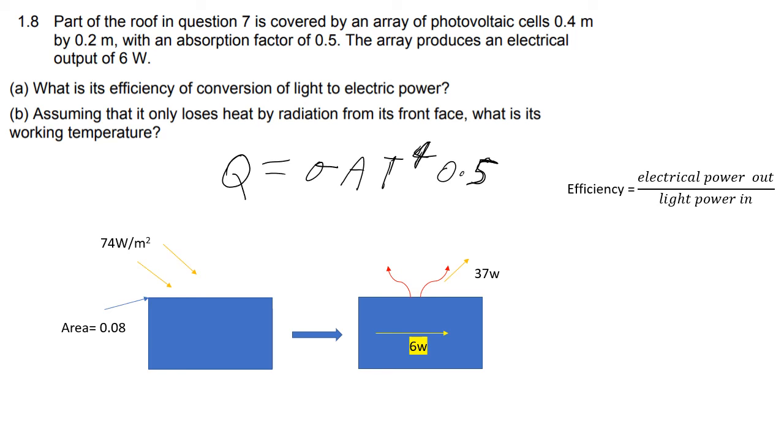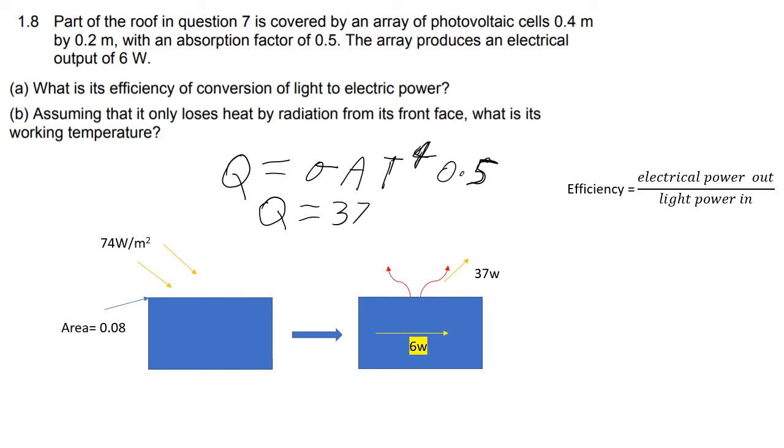But we also have to be aware that we need Q anyway to solve for T, but our Q isn't just going to be the Q that we were thinking of before. It's basically the 37 watts incident on the surface.